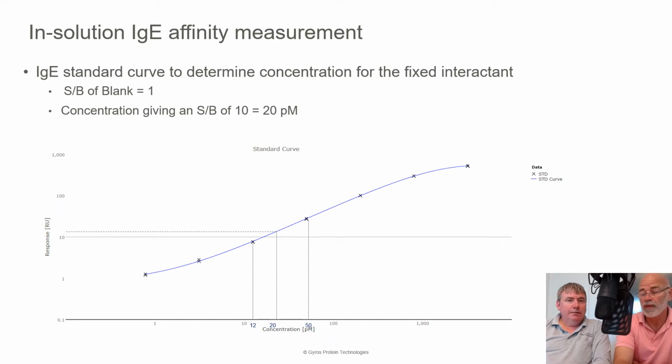That gives us a starting point for where we can begin to do the fixed concentration for our IgE in our interaction curves. So I'd probably suggest that you do at least a fixed concentration at 20, but then you also look at least 5 to 10-fold higher, so you can compare the data to maybe 50 to 100 picomolar and run at least two fixed concentrations.